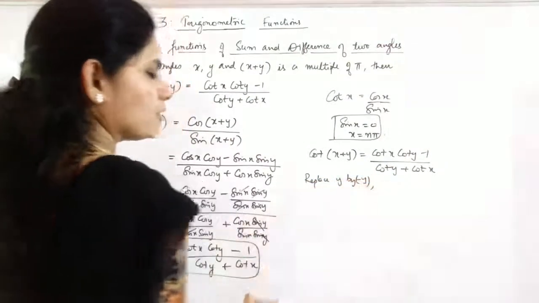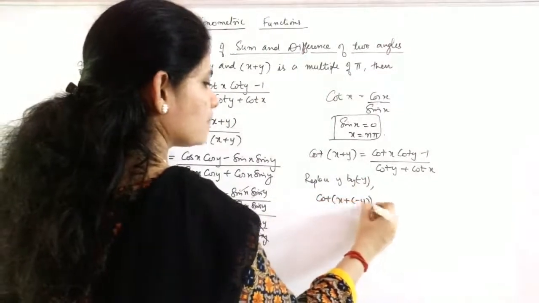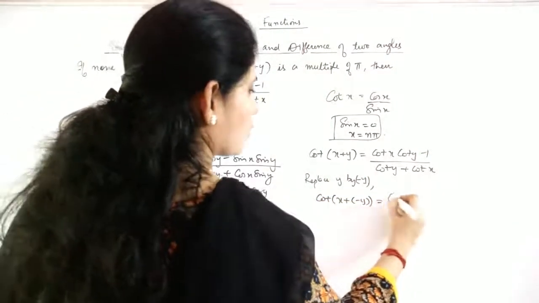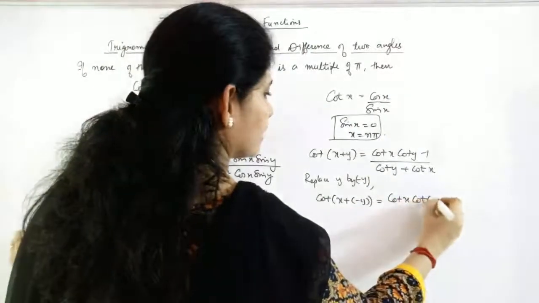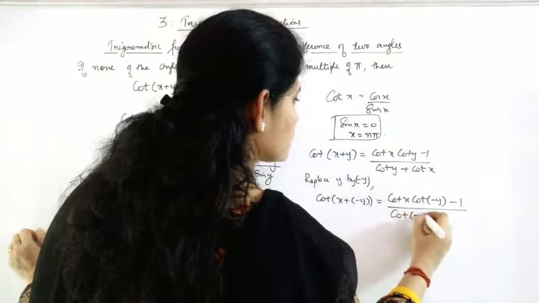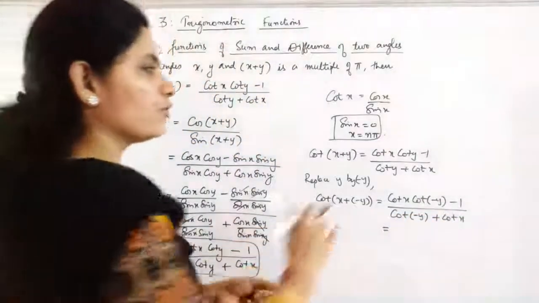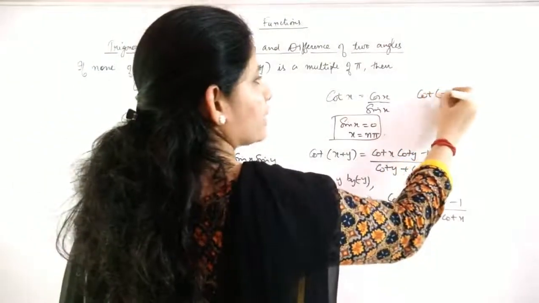Okay, replacing y with minus y, what you will get? Your left hand side will become cot of x plus minus y, which is equal to cot x cot of minus y minus 1 divided by cot of minus y plus cot x. Again we have to find what is cot of negative theta.